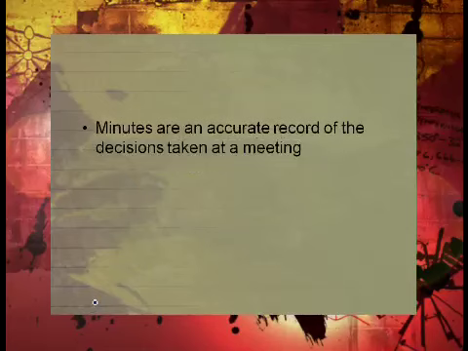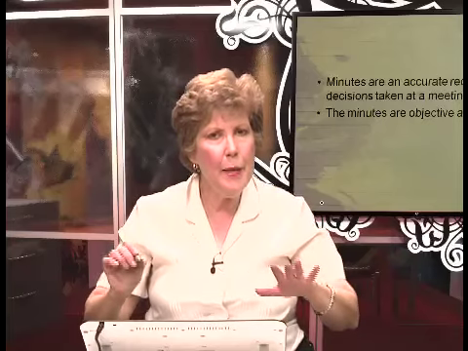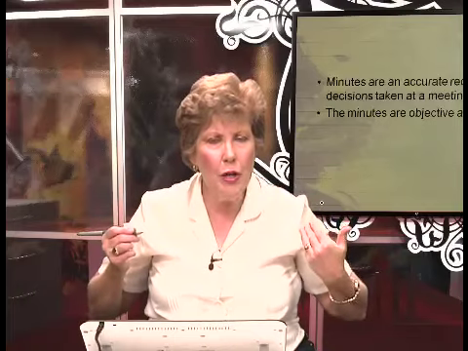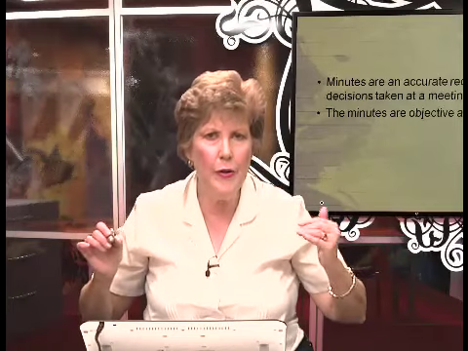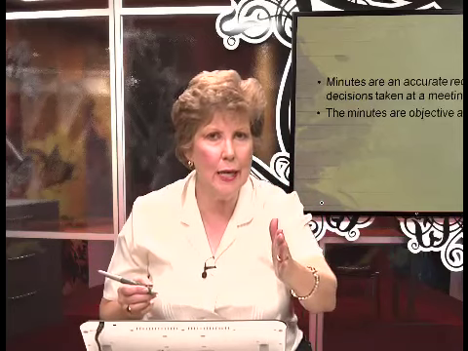Minutes are an accurate record of the decisions that are taken at a meeting. Minutes are objective and factual. Keep the emotion out of the minutes as far as you can. Facts only. This is what was decided.